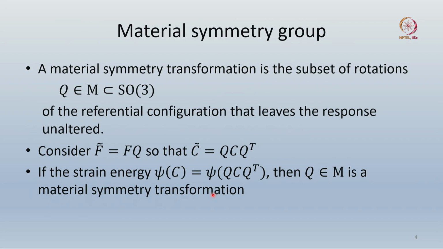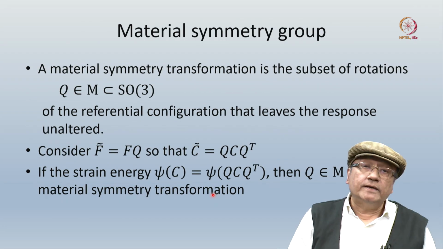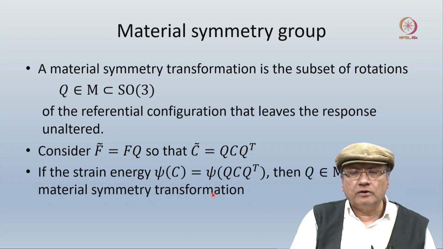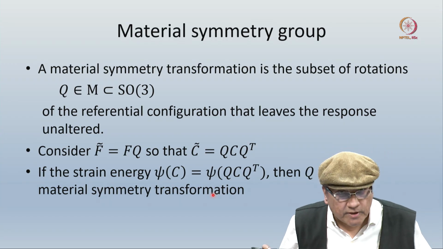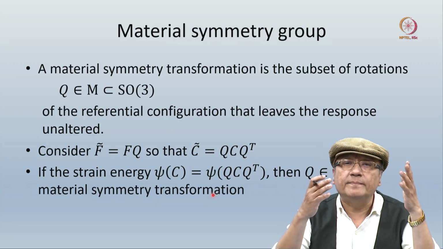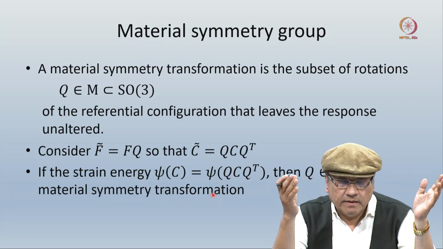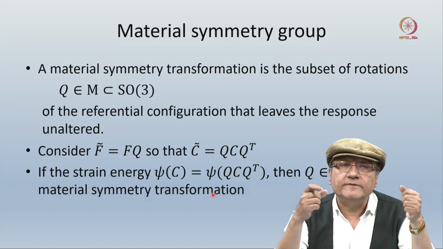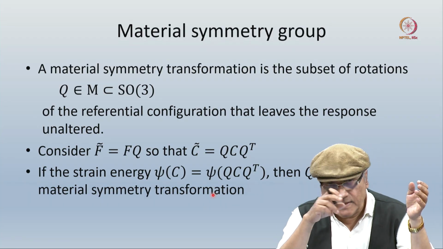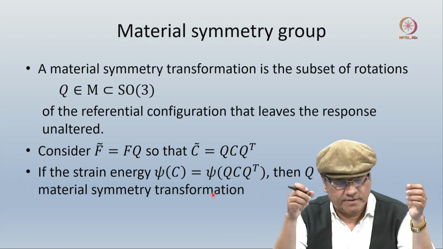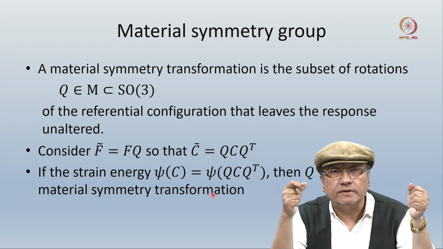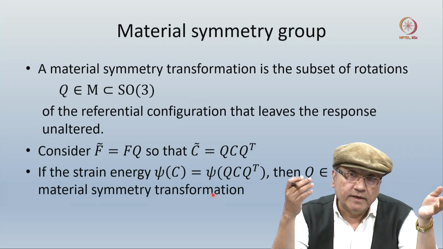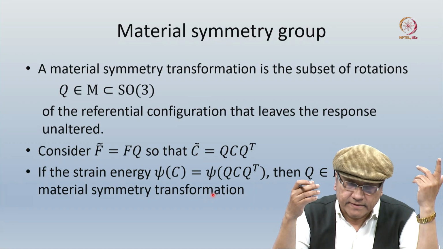I will now explain that through a quick discussion on what are called material symmetry groups. Think of some material like wood. You know that wood has different strengths in different directions. It has some kind of striations. If you pull wood in a certain direction, it will not stretch as much as it would if you were to pull in another direction.